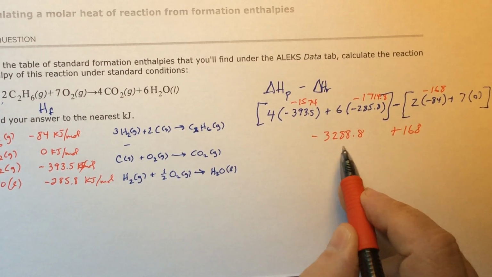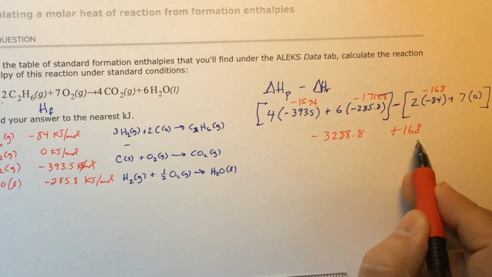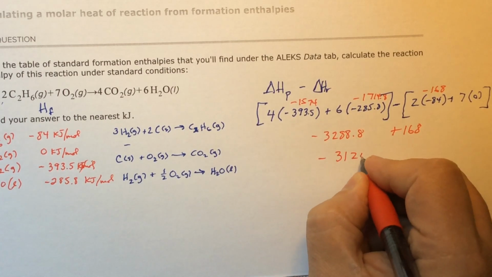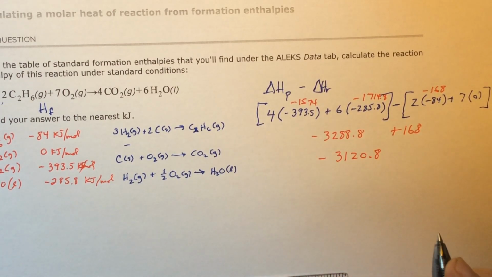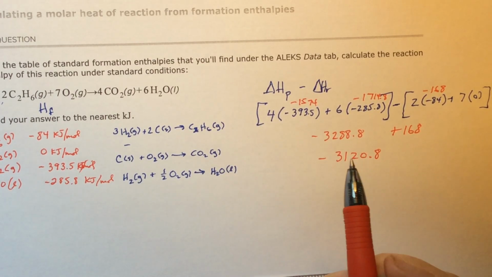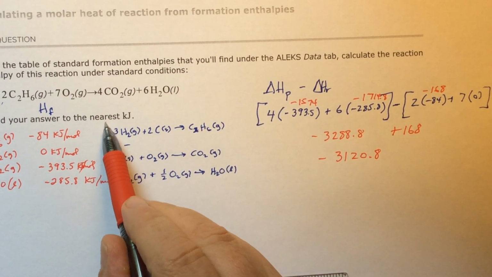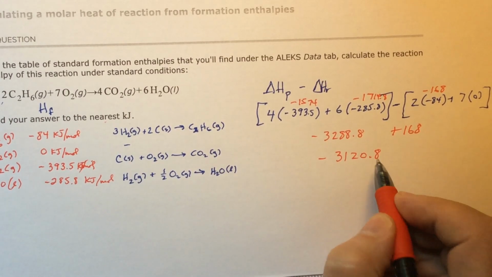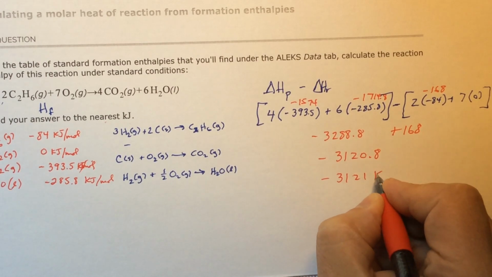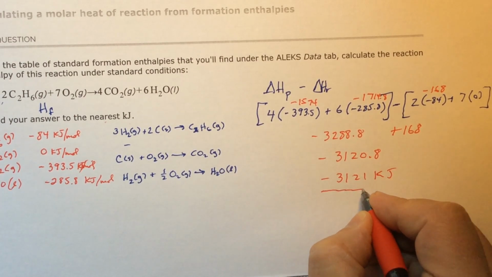Add these together. Negative 3288.8 plus 168 gives you negative 3120.8. And then they ask you to find it to the nearest kilojoule. So I'm going to have to round that up to 3121 kilojoules.